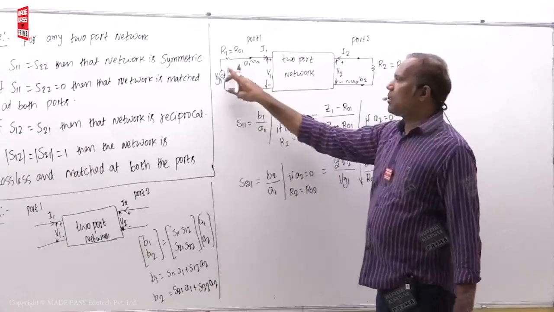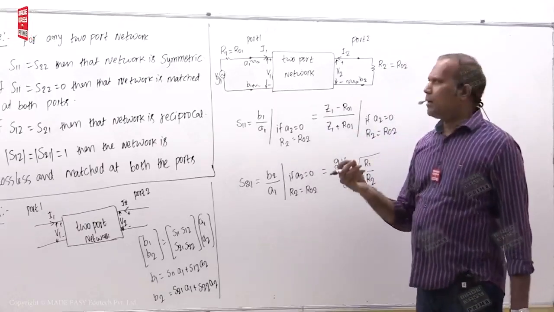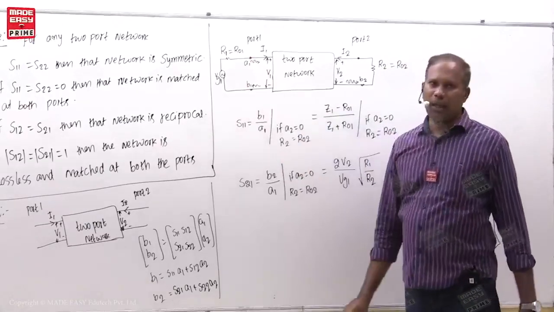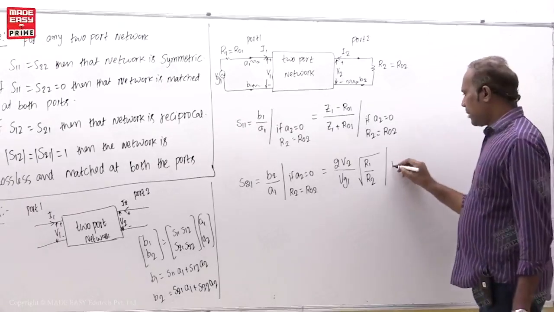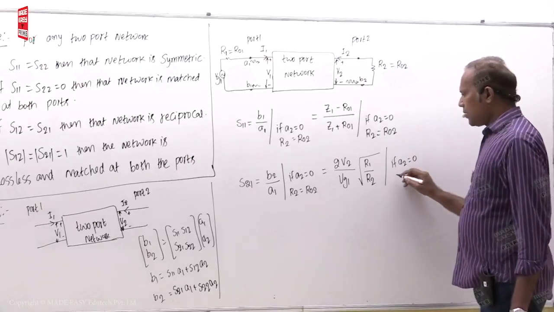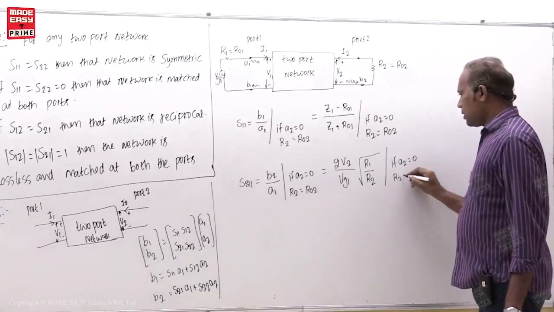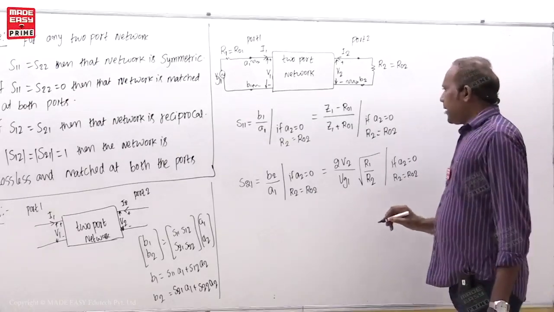For the source impedance you may connect in series or parallel, you do something in such a way that you get 1 ohm there, like that. So anyway, this is the formula if A2 is equal to 0 and R2 is equal to R02.